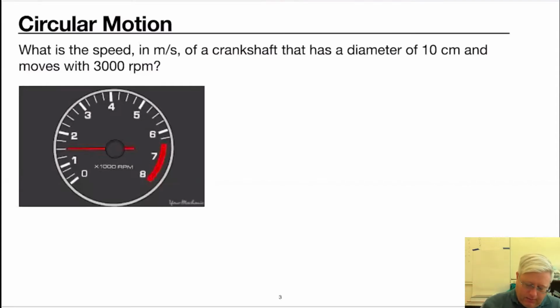Because tangential speed is 2 pi r over the period. So what's the period? Well, we're given 3,000 revolutions per minute. That's a quantity we call frequency.